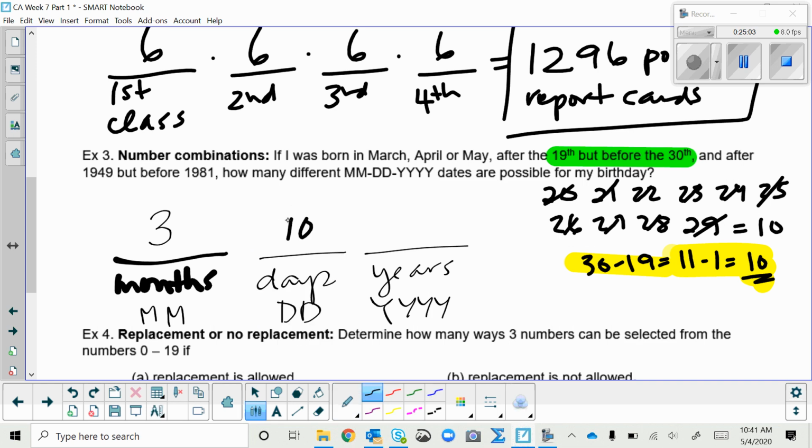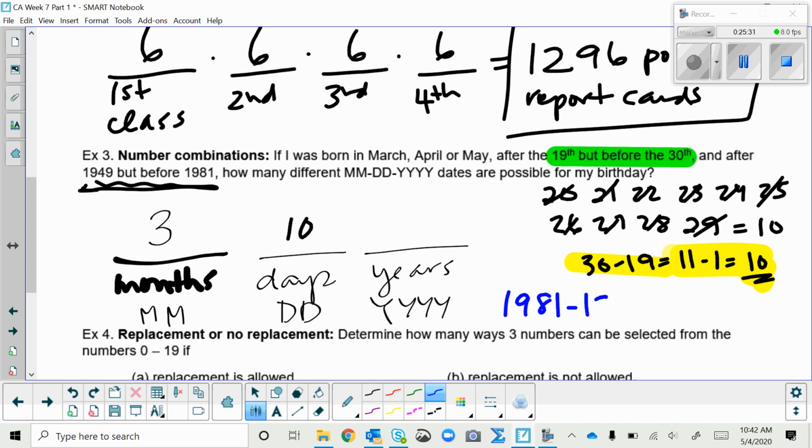That was okay to write out the dates between the 19th and the 30th, but do we really want to do that for figuring out the years? Do you want to write down all the dates between 1949 and 1981? You're welcome to, but I don't recommend it. So we're just going to do this same pattern that I highlighted in yellow, but for the years.